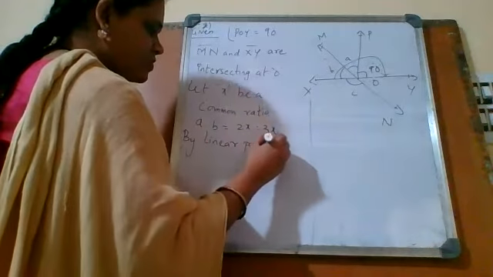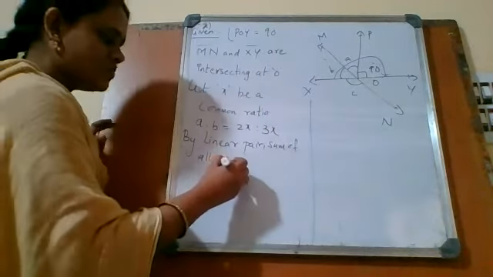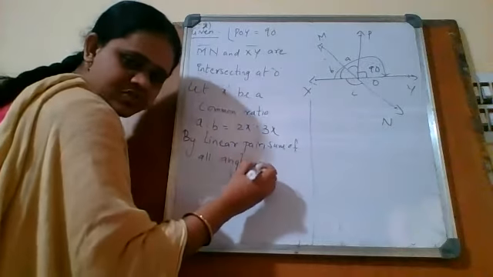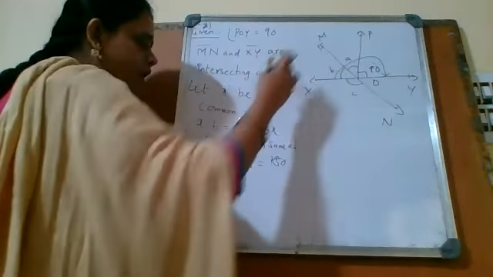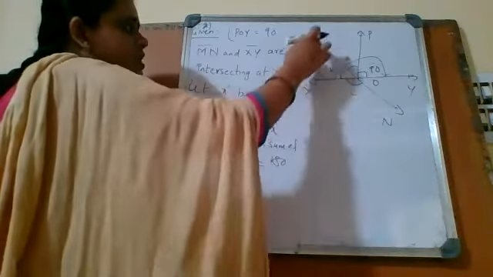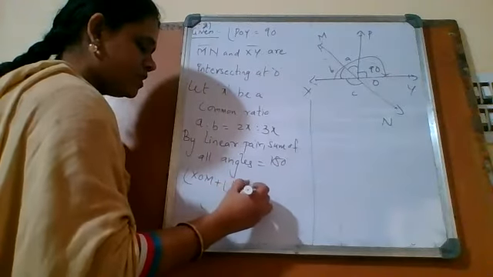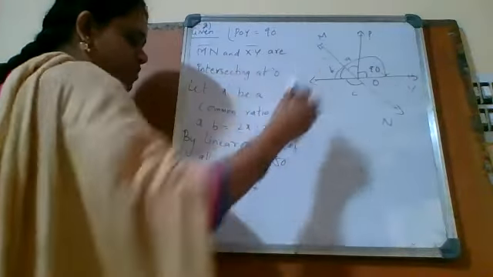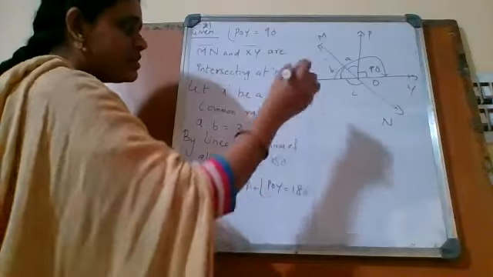The sum of all angles must be equal to dash. How much should it be? Angle XOM plus MOP plus POY must be equal to 180 degrees.